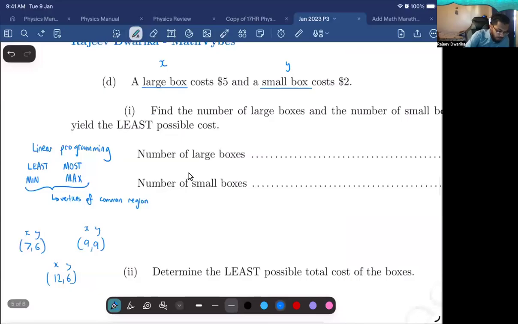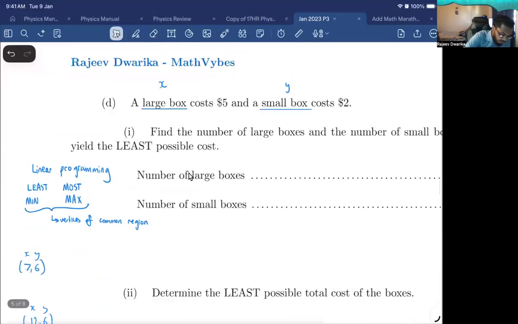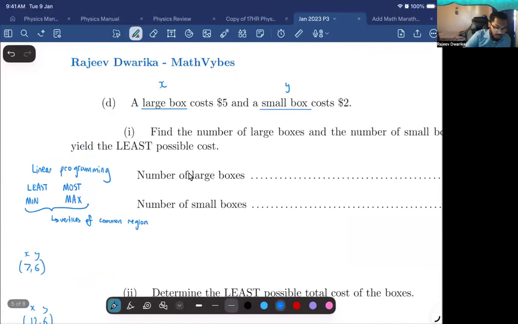So guys, if we're using (7, 6), let's run through all of the possibilities. If I'm using (7, 6), let's see how much it would cost. So we know that x is a large box, right? So this would be 7 by 5, right? Plus what? 6 by 2. Right. And what do you get? What's 7 by 5 plus 6 by 2?